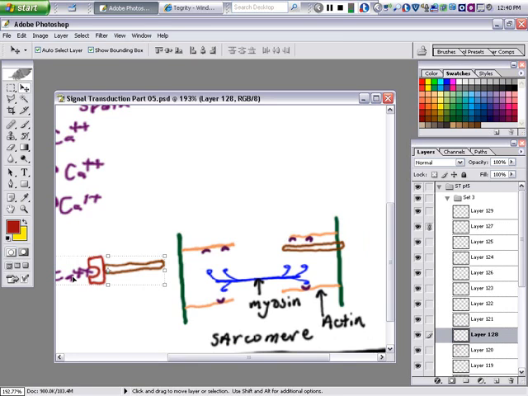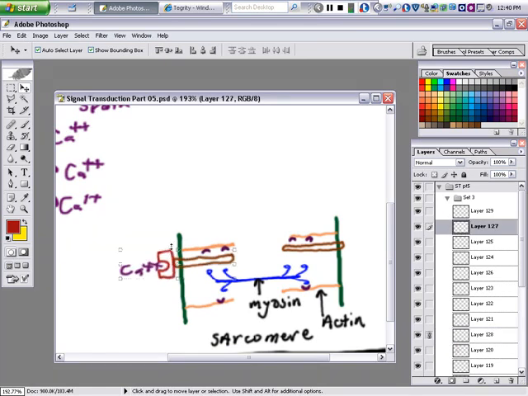Does that make sense? Exactly. But when this protein is here, let's say you put that protein there, now you don't get contraction. So when the heart contracts, we call that systole.